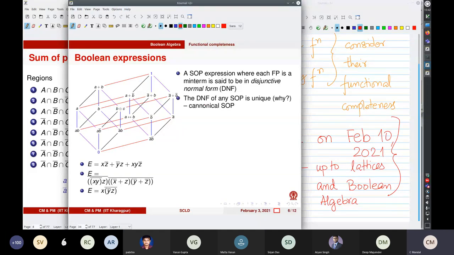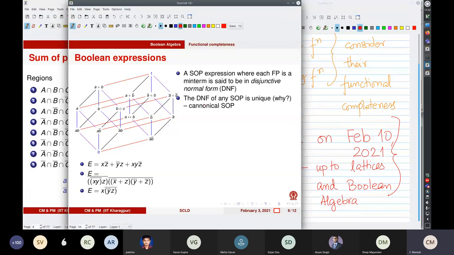As we have already seen, it is a unique representation. When the representation is unique, it is called a canonical representation.